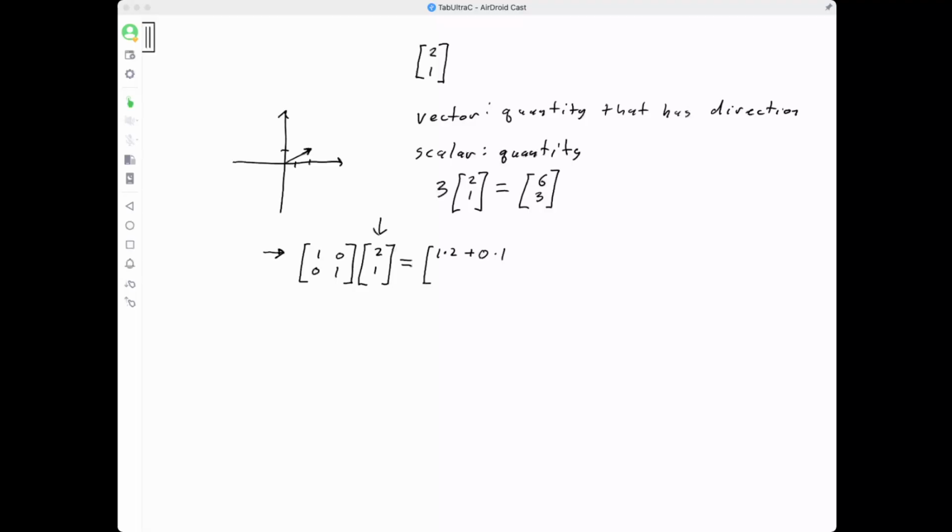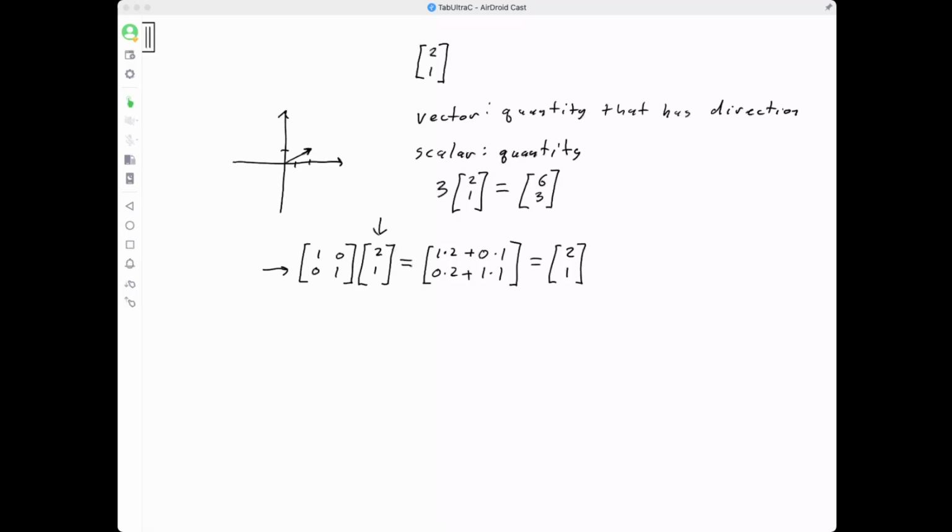And then for the second row, across the second row and down the vector: 0 times 2 plus 1 times 1, which gives 2, 1. So this matrix 1, 0, 0, 1 doesn't do anything to the vector. It just gives you back the exact same vector. And because it gives you back the exact same vector, we call that an identity matrix.